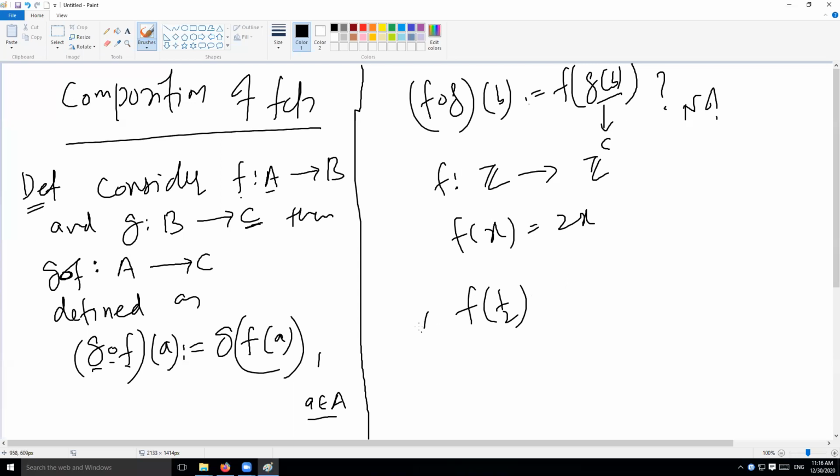You're going to say it is silly to ask this question. Why? Because 1 upon 2 is not an element in Z. So how can I apply f onto 1 upon 2? In order to apply f onto some element, that element must be in the domain, because otherwise f is not going to recognize it.